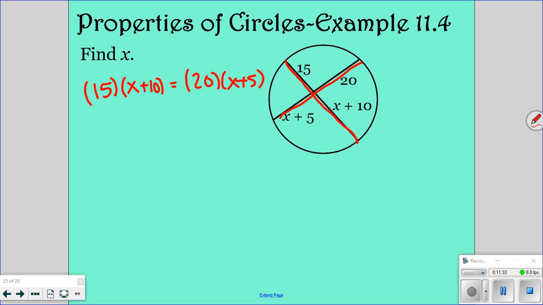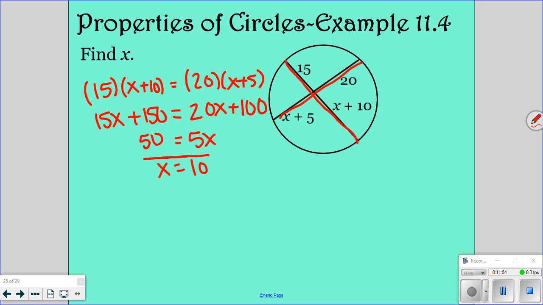So that's how you set up your equation. And then you just distribute and solve for your x. So 15x plus 150 equals 20x plus 100. And then if you subtract, you'll get 5x equals 50. So x would have to equal 10. So that would be your answer for x.